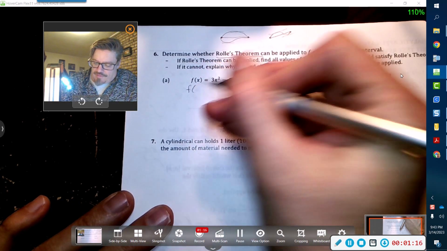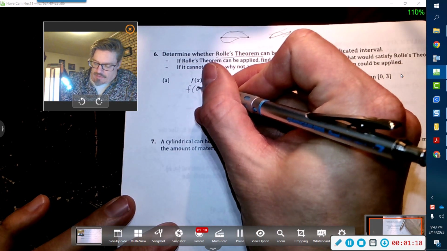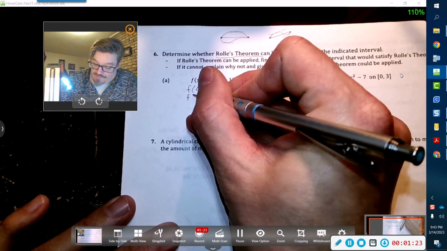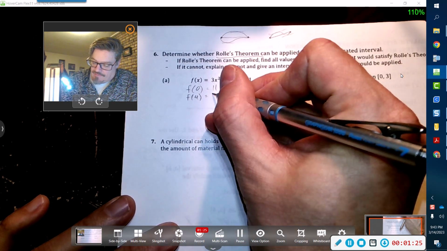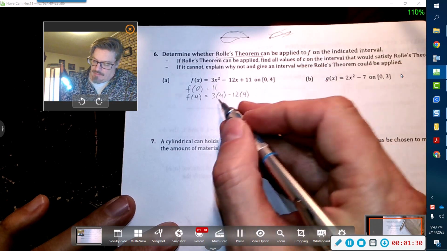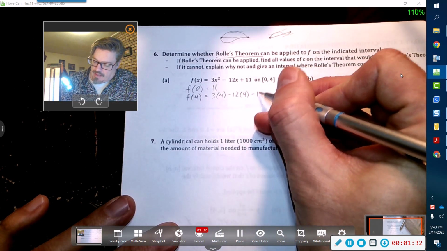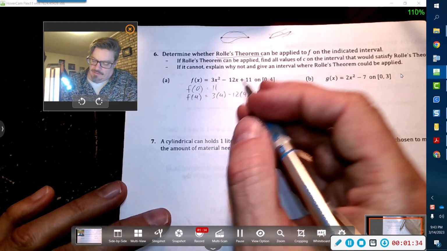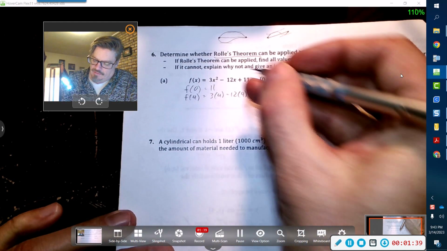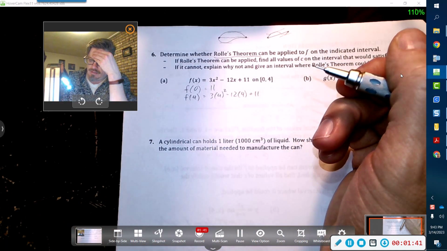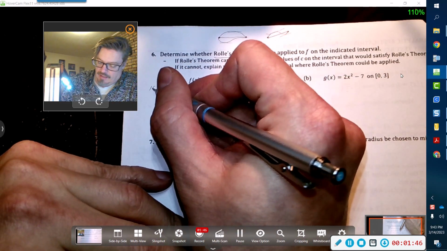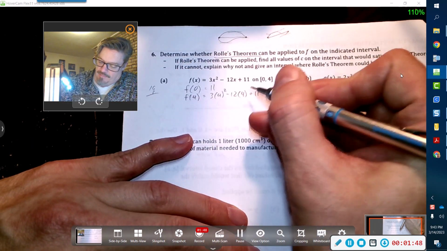So f of 0 is going to give us 11. And we just have to verify that f of 4 is going to give us 11 as well. And we got 12 minus, 16 times 3, 48, 48 minus 48 is 0.